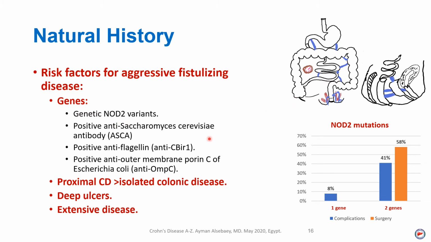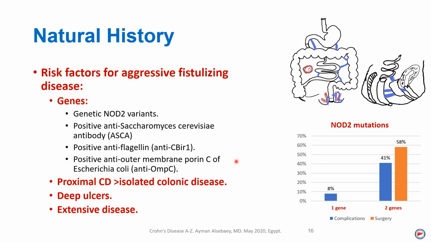They are more common if the patient has antibodies, like positive anti-Saccharomyces cerevisiae antibodies (ASCA), positive anti-flagellin, and positive anti-outer membrane porin C of the E. coli, which is called anti-OmpC.